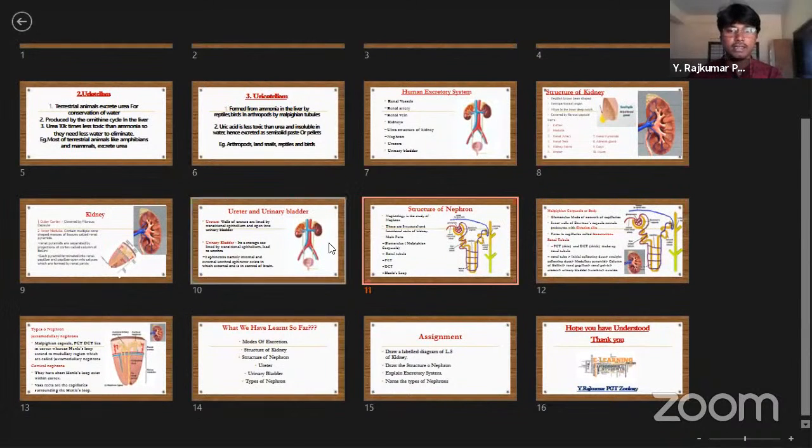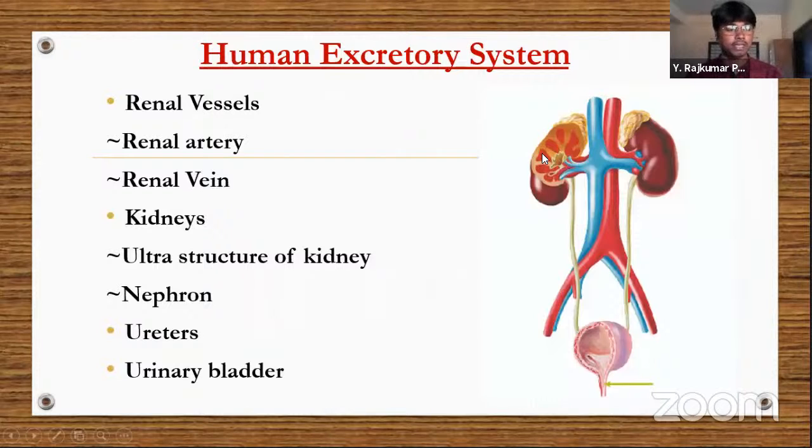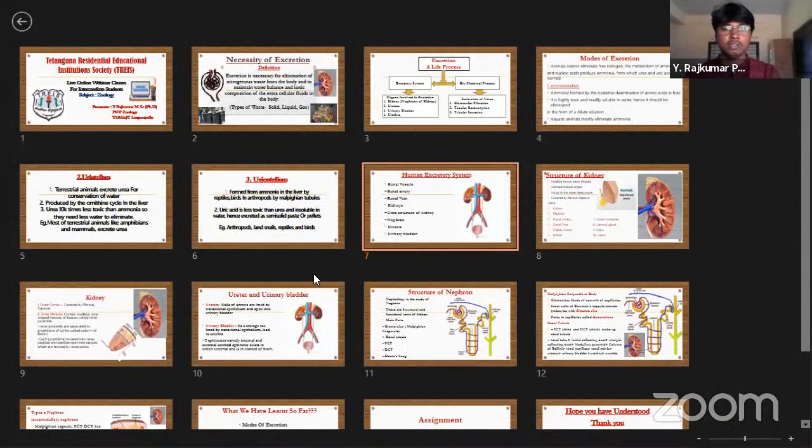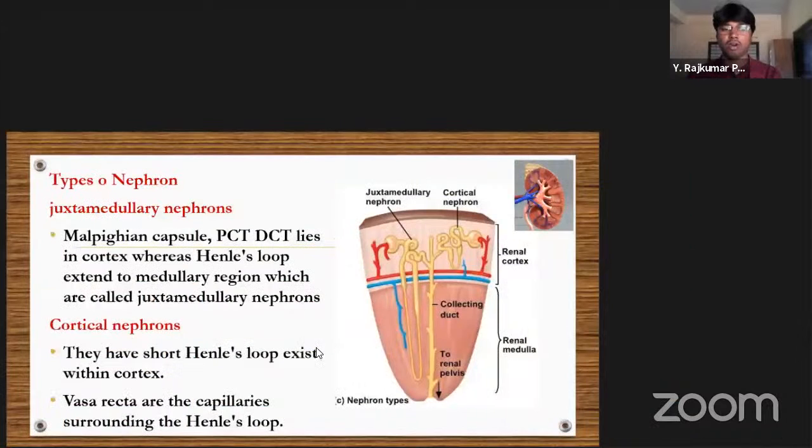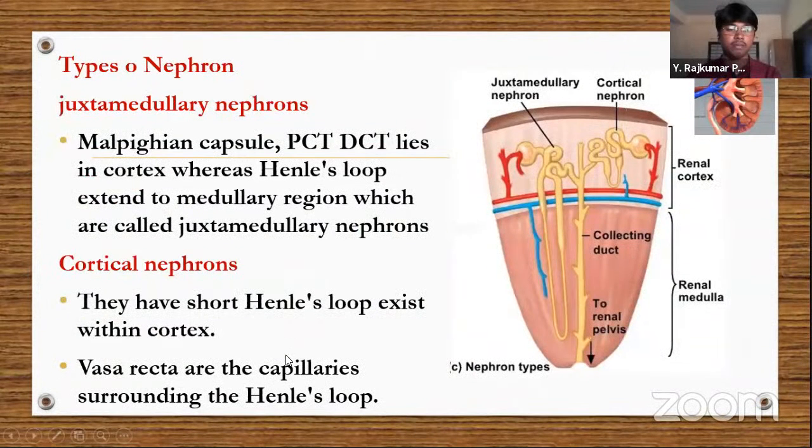This is the structure of the complete excretory system. And you must know the last one, the types of nephron, juxtamedullary and cortical nephron. These are the different types of nephron present in the body. So this is what we have learned so far.